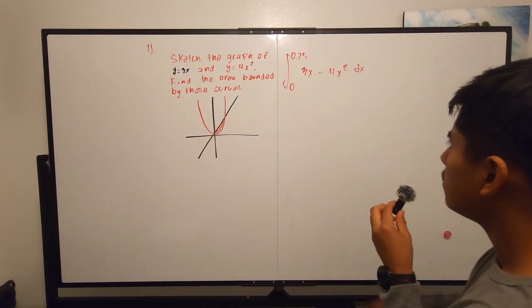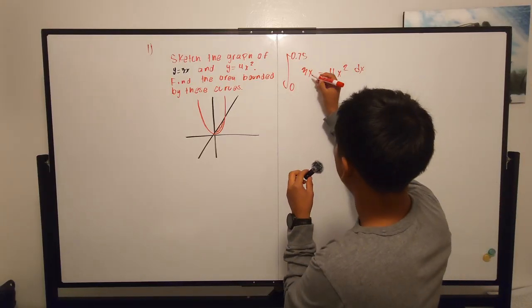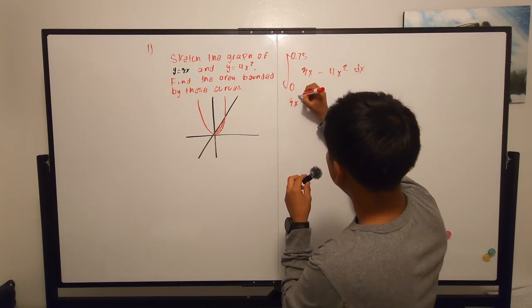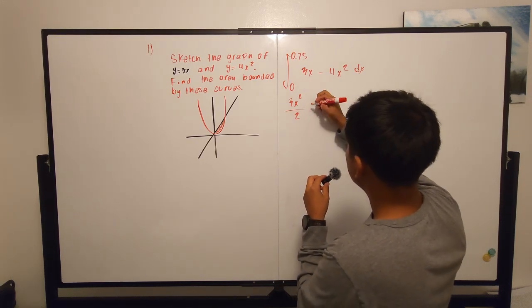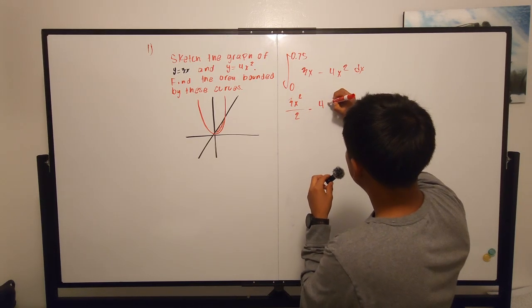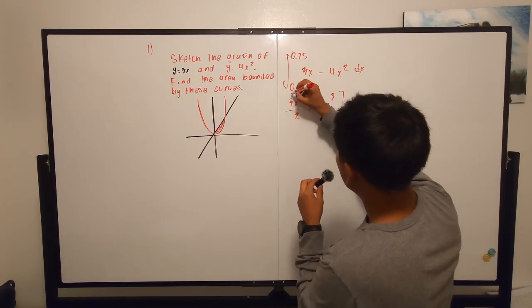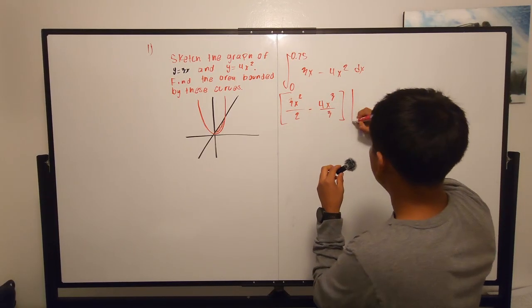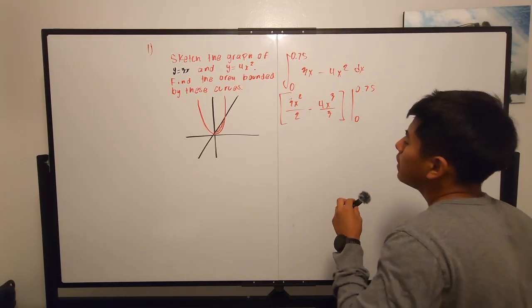This is a simple reverse power rule, so that's going to be 3x squared over 2, not plus, minus 4x cubed over 3. And we are evaluating from 0 to 0.75.